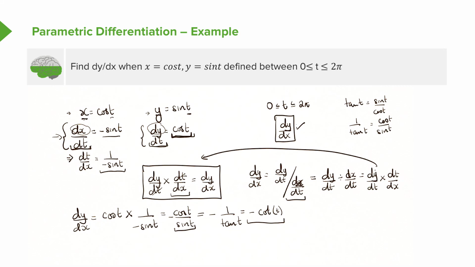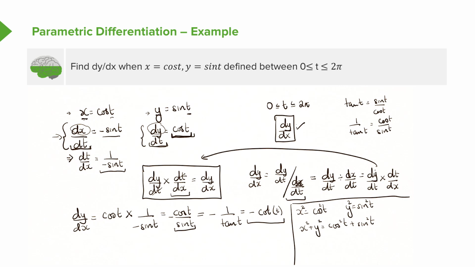Now, interestingly enough, just a little extra point here, we can also combine these two equations together to see what this actually is. When you have x equals cos of t and y equals sine of t, if you square both equations, so we've just squared everything, and then add them, we have x squared plus y squared, which is the same as cos squared t plus sine squared t.